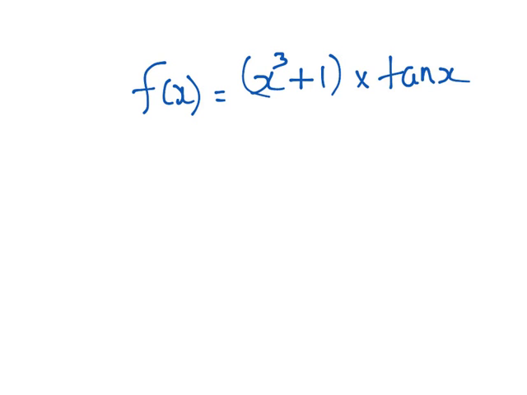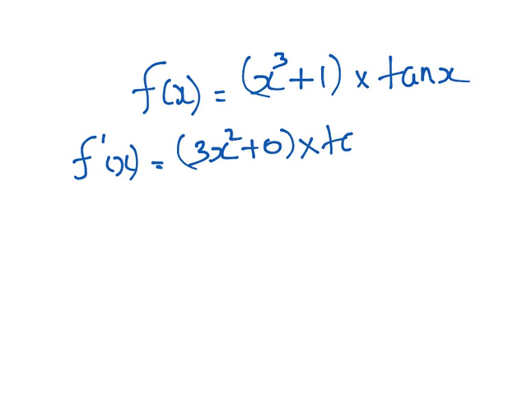Okay, so f dash of x equals, I'll differentiate the first function, that is x cube plus 1. So it is nothing but 3x squared plus 0 multiplied with tan x, plus I'll keep the first function now and differentiate the second function. The first function is x cubed plus 1 multiplied with derivative of tan x is 1 by cos squared x.